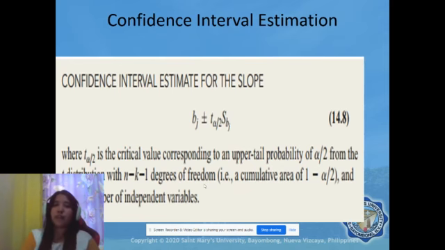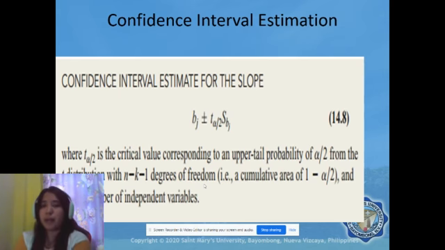For the confidence interval estimation, this is the formula: b sub j plus or minus the t critical value corresponding to the upper tail of alpha over 2, multiplied by S sub b sub j.